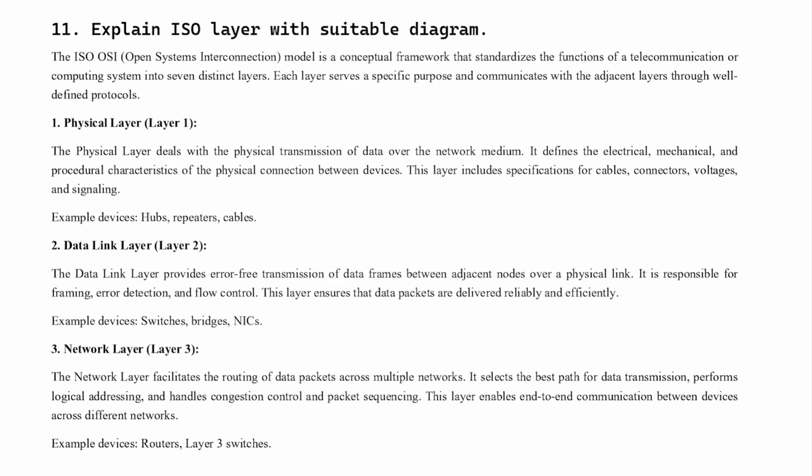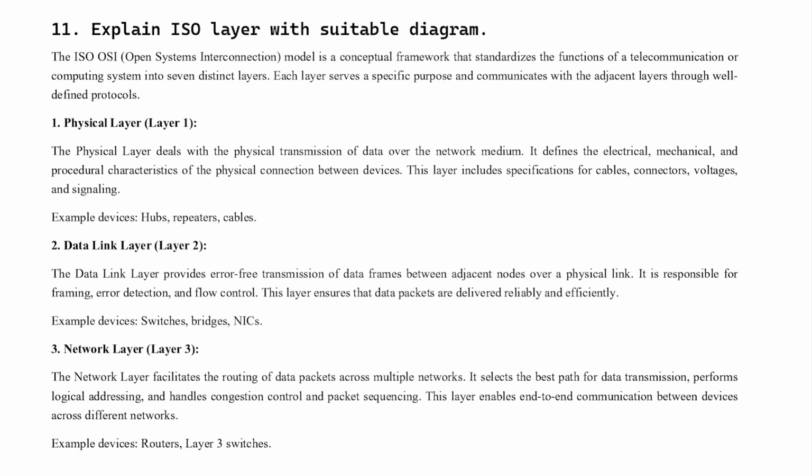11. Explain the ISO layers with a suitable diagram. The ISO OSI, Open Systems Interconnection, model is a conceptual framework that standardizes the functions of a telecommunication or computing system into 7 distinct layers. Each layer serves a specific purpose and communicates with the adjacent layers through well-defined protocols. 1.